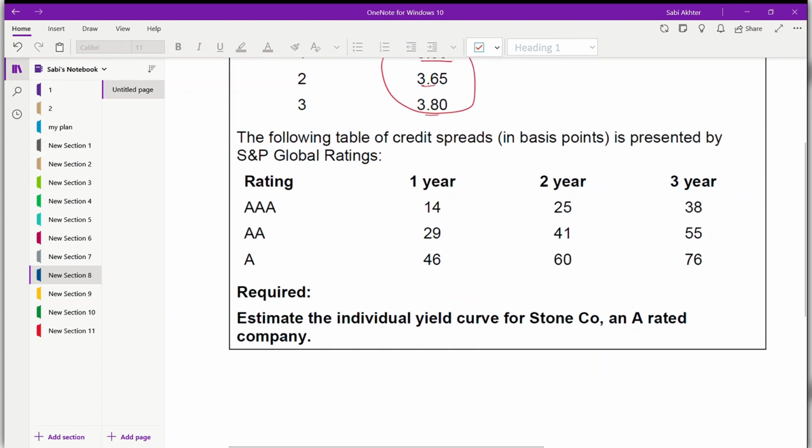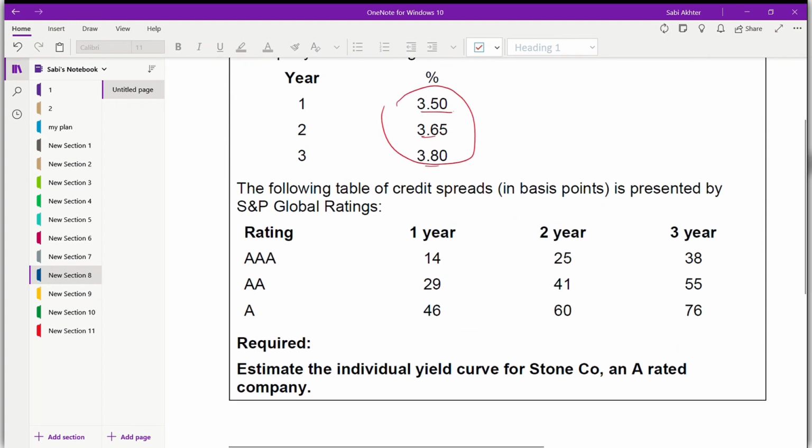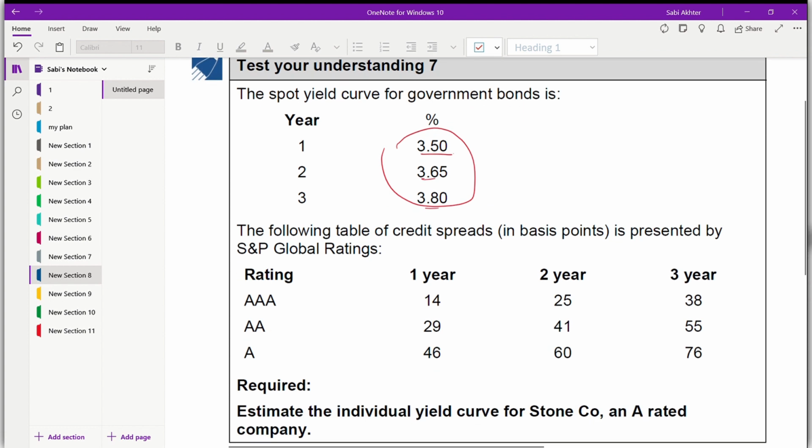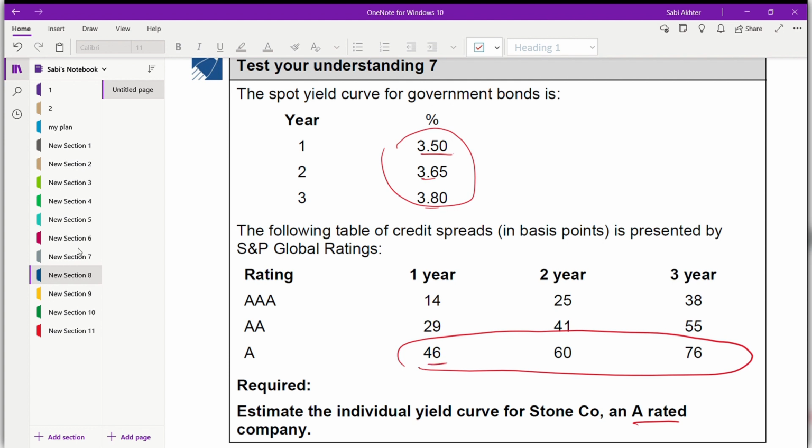Okay, that means just in this table only I'm going to do it. 3.5, 3.65, 3.8. So first year, this is which rating? A rating. A rated means only these 3 you need. Okay, 46, 60 and 76. So just add. It will be 0.46, 0.6 and 0.76 percent, basis points you have to add.